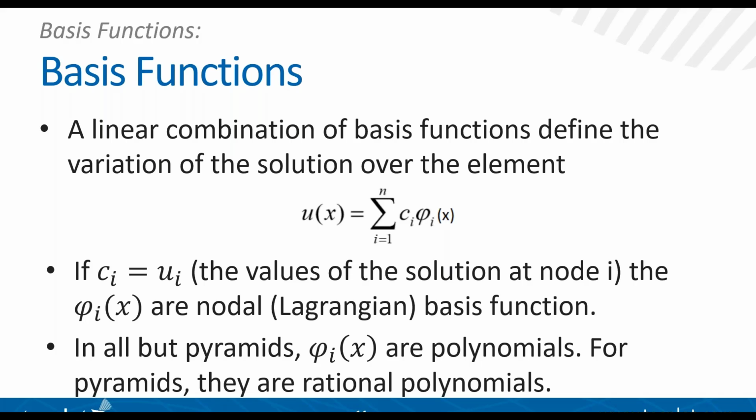In all but pyramids, these basis functions are polynomials. But for pyramids, they are rational polynomials. That is needed because you need the solution to match at the faces between a pyramid and a tetrahedra, for example. And the only way to do that is to modify your basis functions.